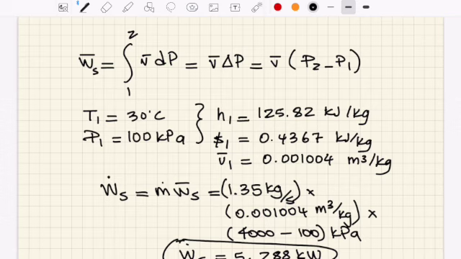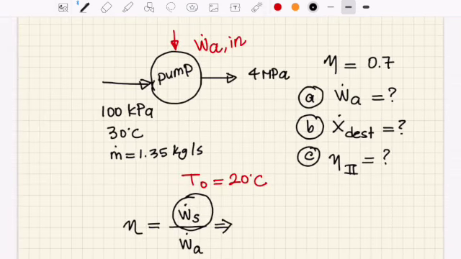We need to continue because we are asked for the actual power, right? But we are given, if you go back, the isentropic efficiency.